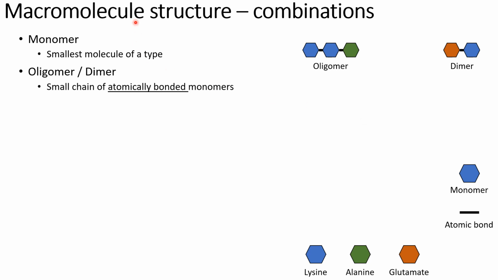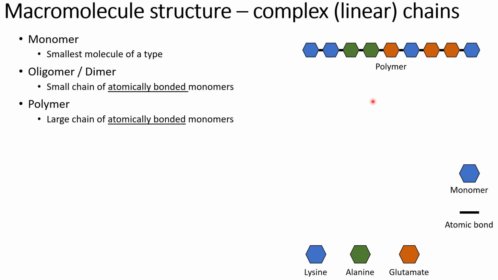For carbohydrates, the monomer would be a monosaccharide, and a disaccharide or an oligosaccharide would also be appropriate. As the chain gets longer, eventually it turns into a polymer, which is multiple small building blocks, in this case amino acids, all bound together.